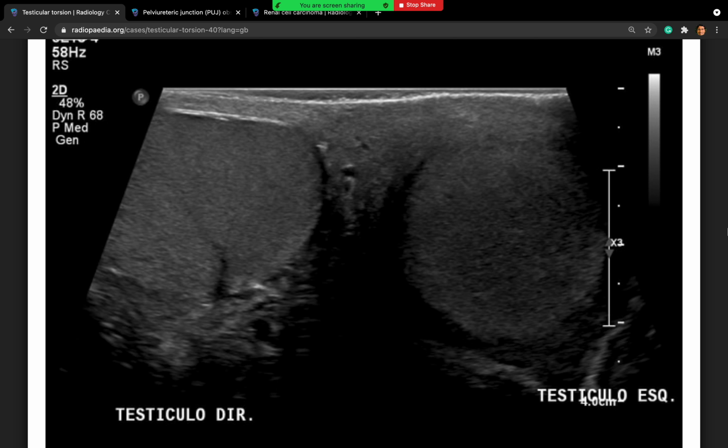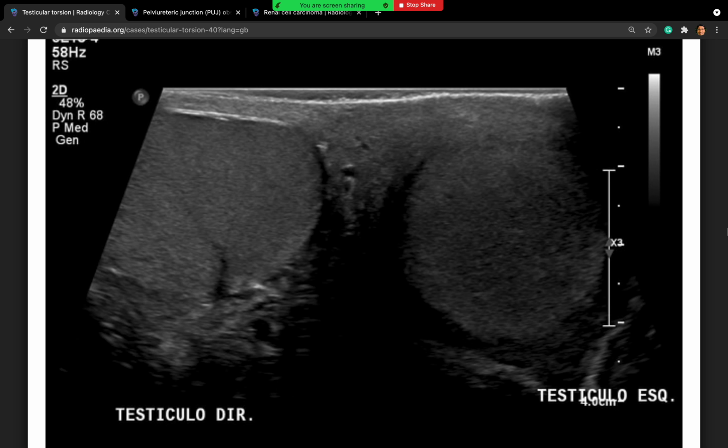In the testis, it can provide very good quality images, which can tell us about the presence of any tumors. A Doppler ultrasound can tell us whether blood flow is present in the testis. If there's a difference in the size, then it can tell us whether there's any atrophy in the testis. So these are some of the common indications for and uses of ultrasound in the testis.